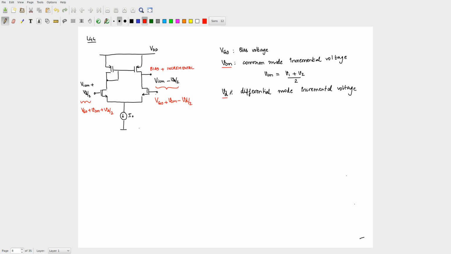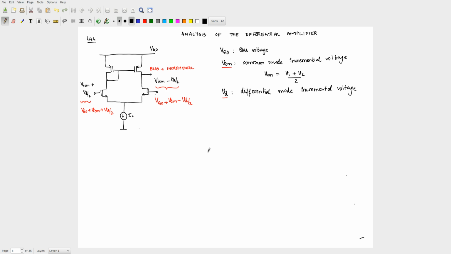So I can now title this slide: an analysis of the differential amplifier.